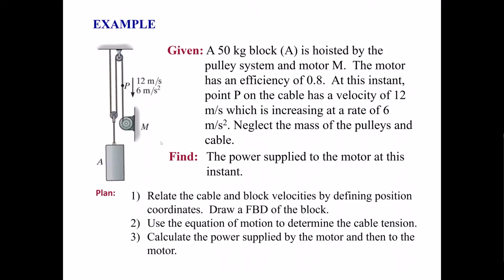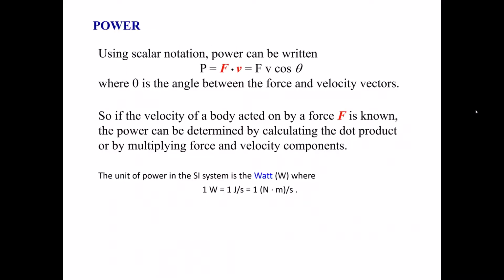So just a few things. If we follow a process here, we can come up with a free body diagram, and we have to think about the position coordinates, the related displacements relative to P and the block. Okay. And the next thing is our power equation. Just taking a step back, the power equation is the force dotted with the velocity. Okay.